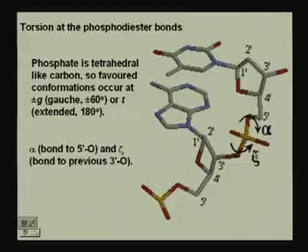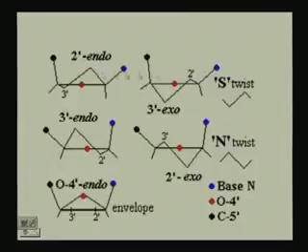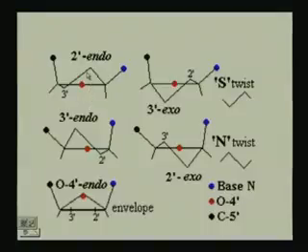Okay. Now the reason why we are looking at this is, if we look at the previous slide, what happened here is you had changes in the orientation of the bases. Why? Because of the puckering of the sugar. What is that doing? That is changing the position or the orientation of the base and also the phosphate.